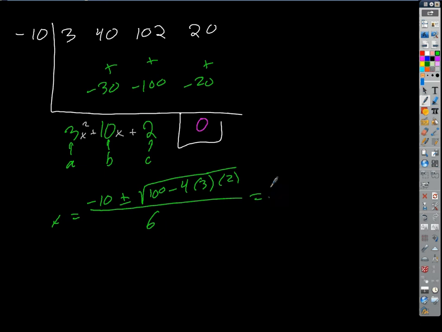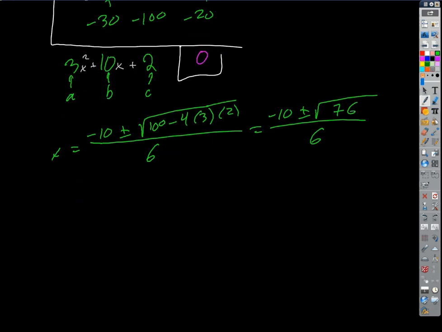Okay. So we get negative 10 plus or minus the square root of 100 minus 24, so 76, all divided by 6. I know that those two things are not going to combine, so I can just split that up and do negative 10 over 6 plus or minus.